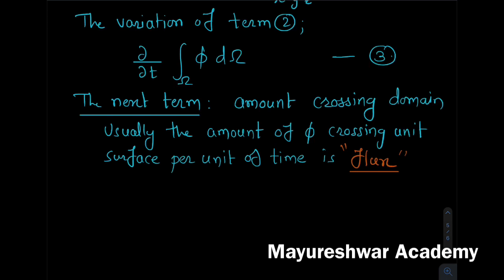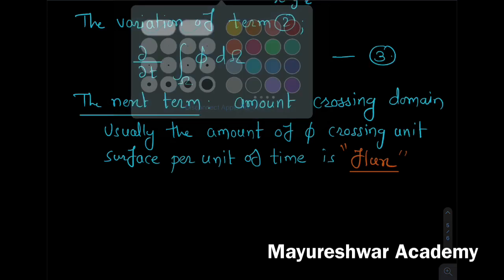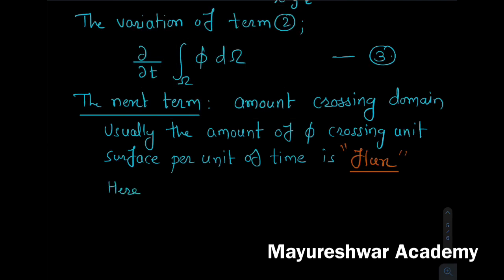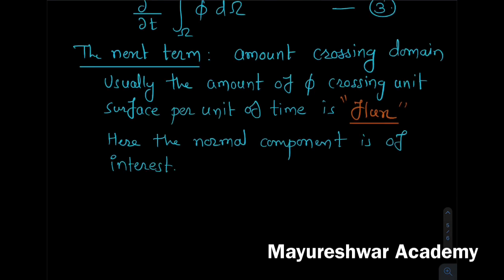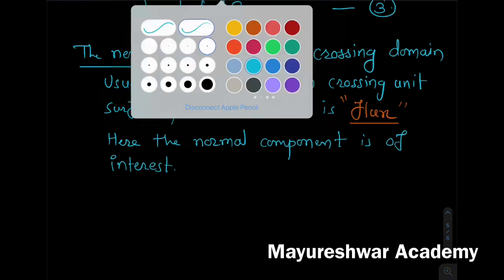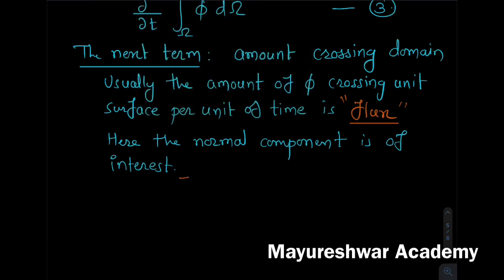So now in the given situation, the normal component is of interest to us, because all the other components which are tangential won't come into the domain, so only the normal component is responsible for entering the quantity inside it, and that is fn ds equals f bar dot ds bar.